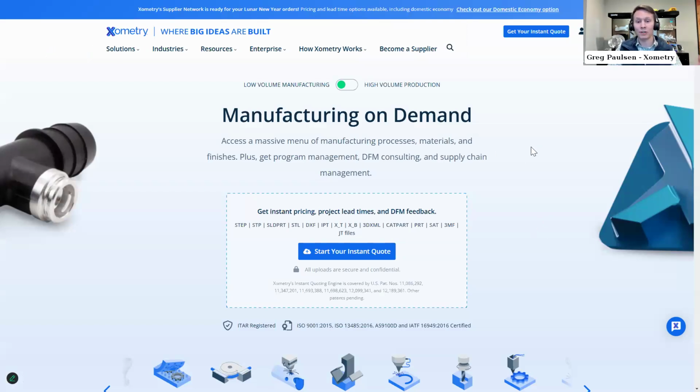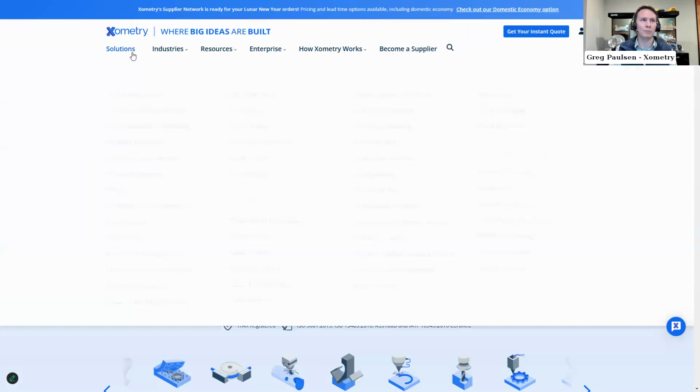But this is Xometry.com. I'm on our live site and I've already logged in. This is a platform for our digital manufacturing marketplace. Our homepage has a bunch of resources available to you, and you can learn more about our processes as well. I'm going to show you the instant quoting engine in just a second, but I do want to show you some tube related stuff while I'm here.